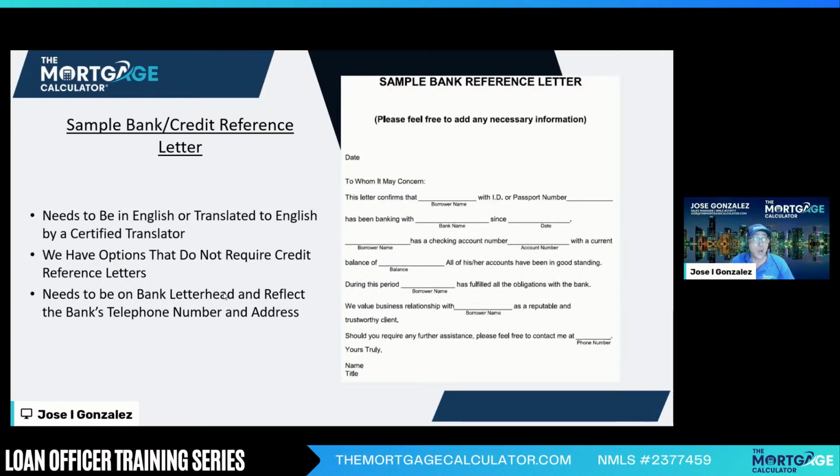It always needs to be in English or translated to English by a certified translator. Again, we do have loan options that do not require credit reference letters. Remember that. And the letterhead should reflect the business's telephone number and address. So this would be your sample bank/credit reference letter. It could serve both purposes.